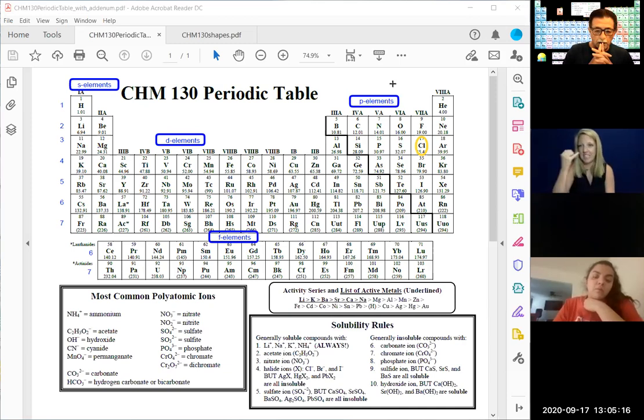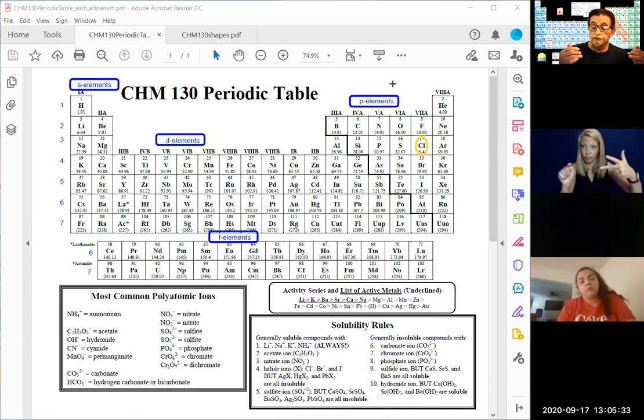Okay? So I have 17 electrons to work with. Okay, 17 electrons, atomic number 17. I got 17 protons, 17 electrons. Being that it is in the third period tells me that the energy levels in 1 are full and the energy levels in 2 are full.